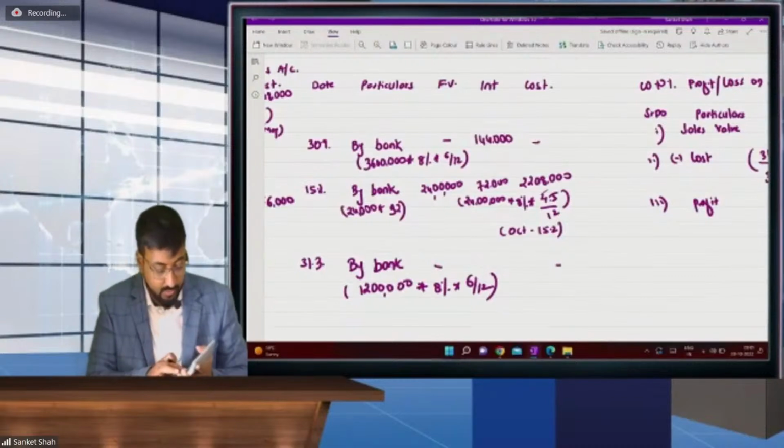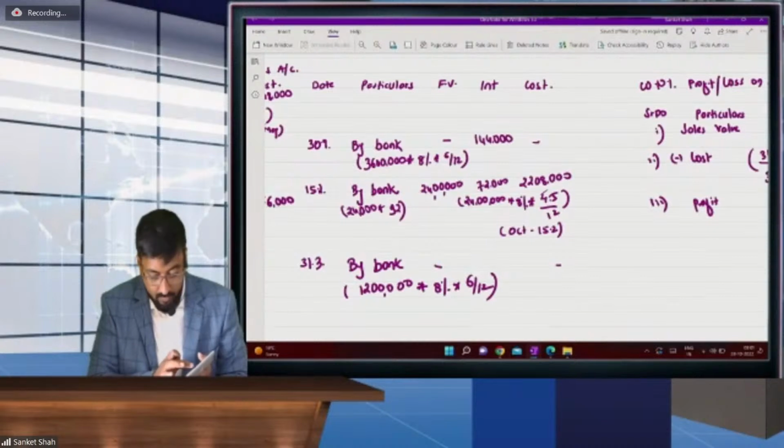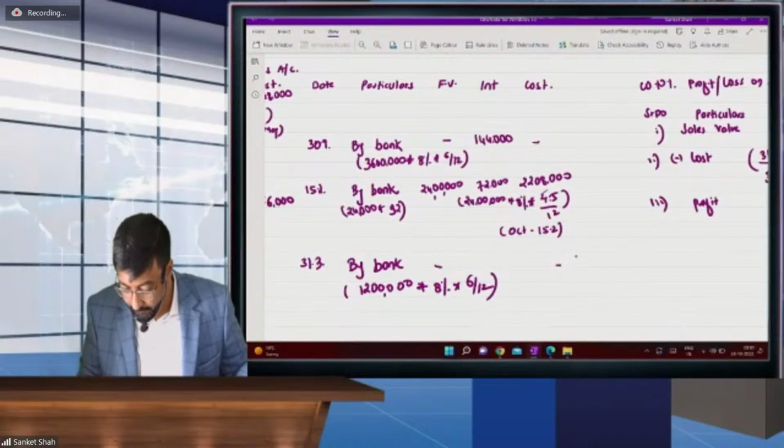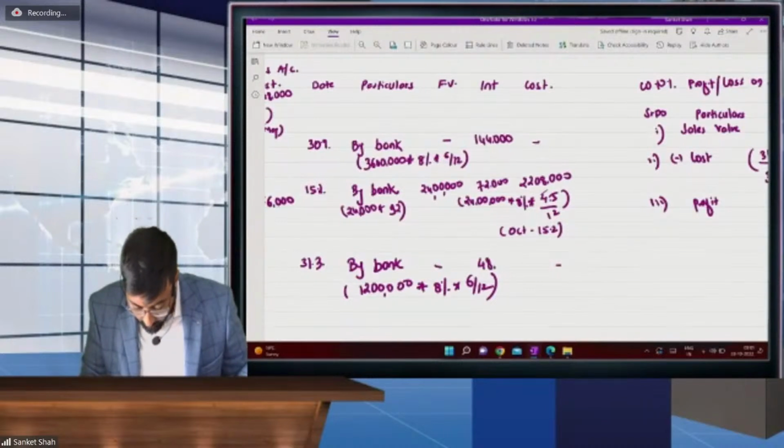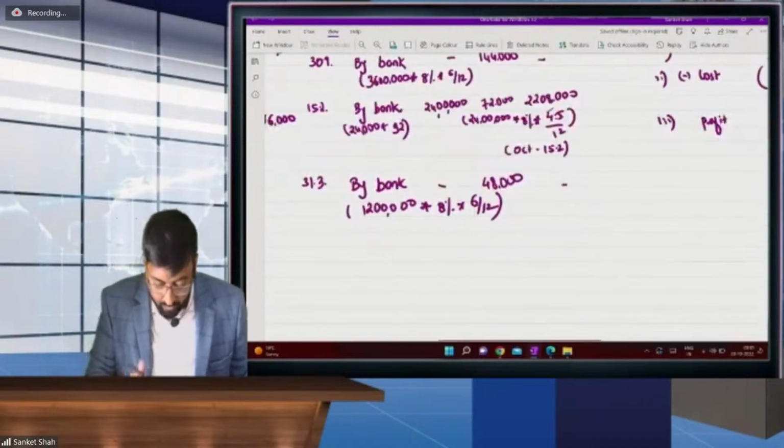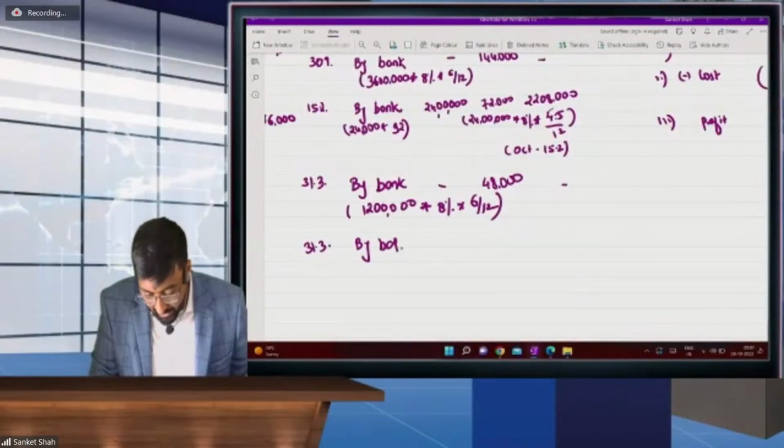So interest 12 lakh into 8%, 48,000. And by balance carried down.